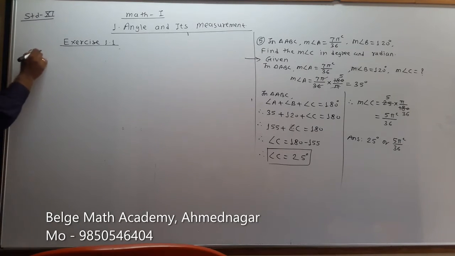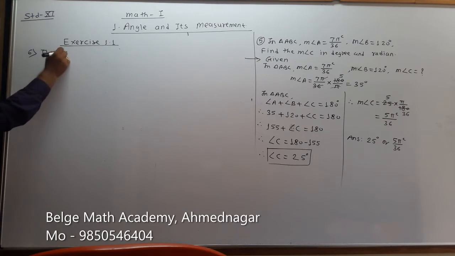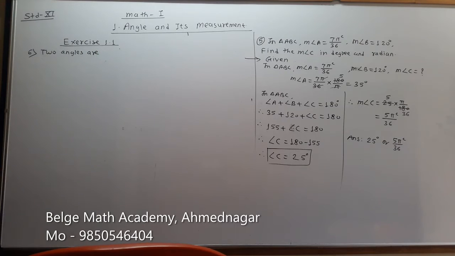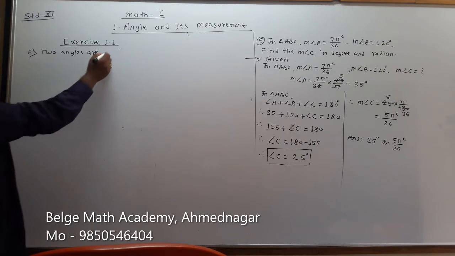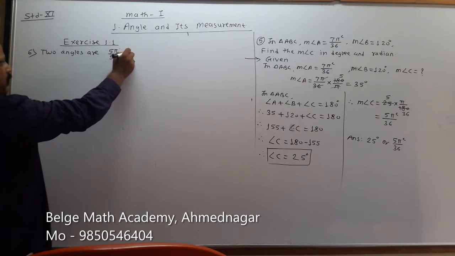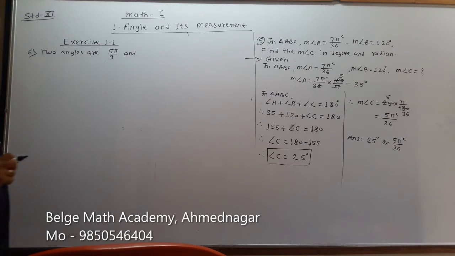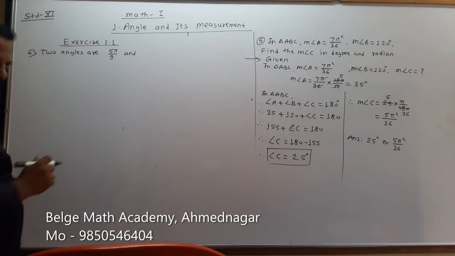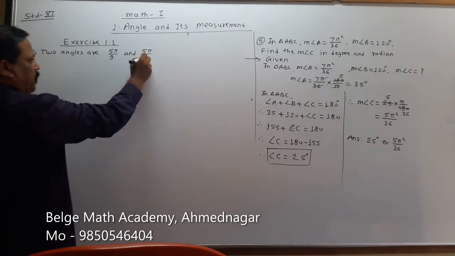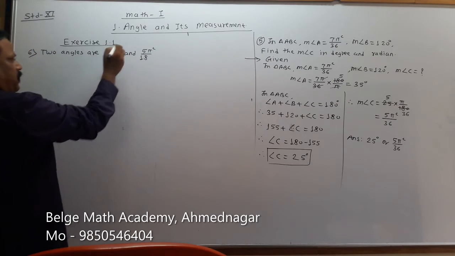In this example, two angles are 5 pi upon 9 and 5 pi upon 18, both radian measurements.